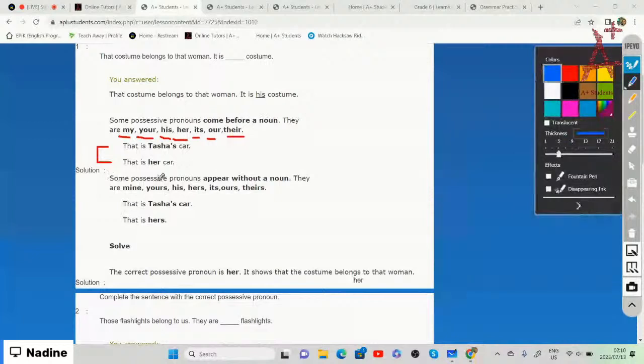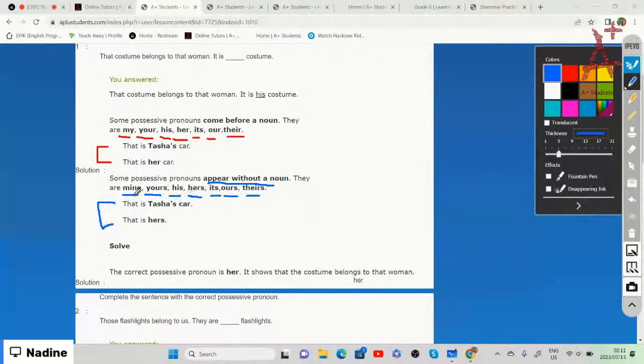The next one: some possessive pronouns appear without a noun. They are mine, yours, his, hers, its, ours, theirs. So these are the possessive pronouns that appear without a noun. Example, that is Tasha's car.